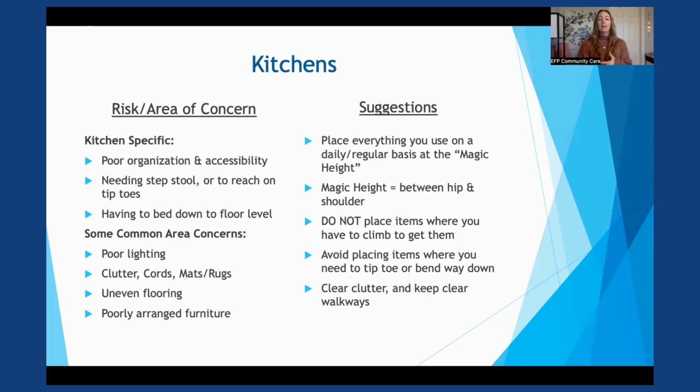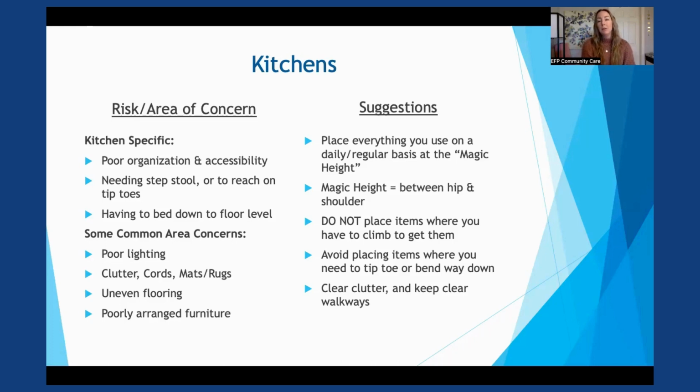The magic height is the distance between your shoulders and your hip. Therefore you're not having to bend down, get on your knees to grab whatever you need from the lowest cupboard, or tiptoeing to reach high for something or climbing up on a step stool. We don't want to place items where you have to climb to get them. Avoid placing items where you need to tiptoe or bend down.